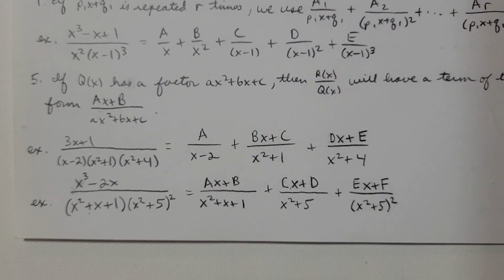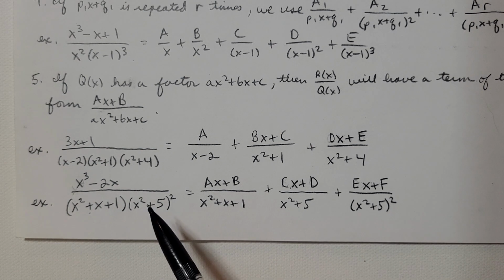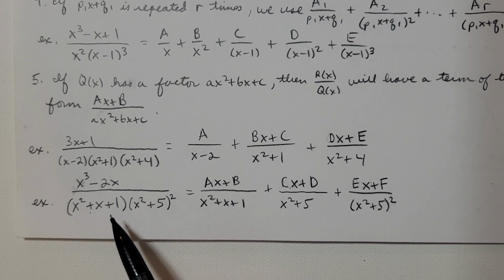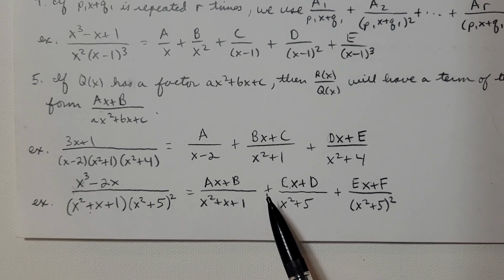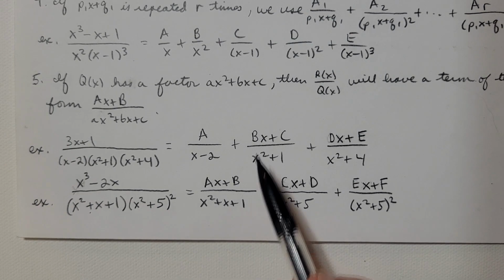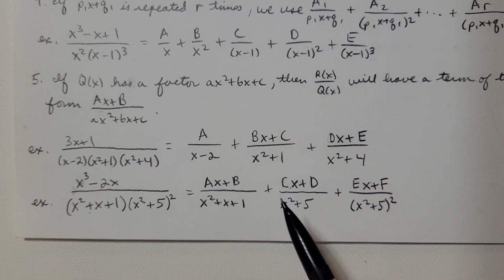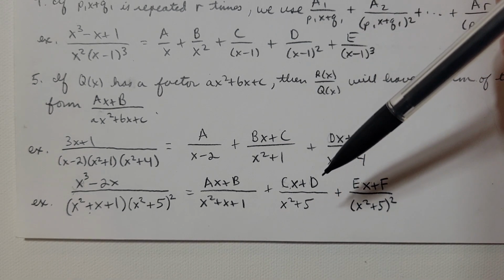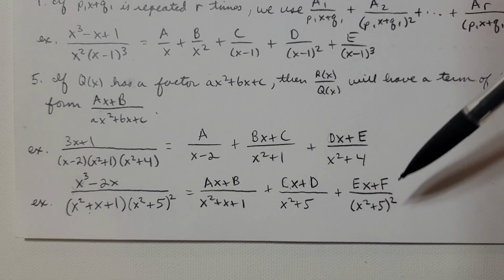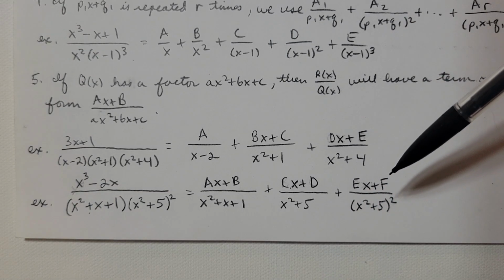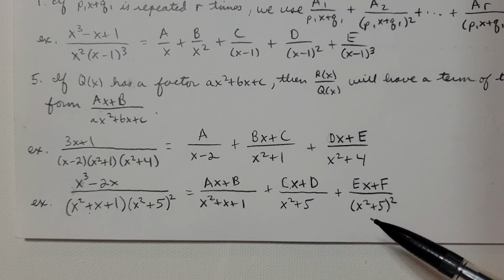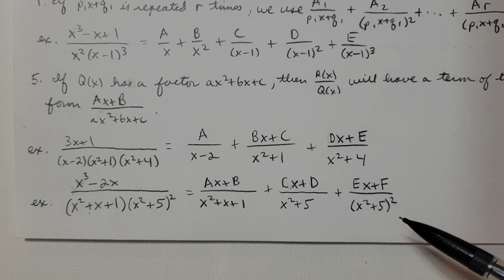So when I start writing this out, I'm going to have ax plus b divided by the first quadratic, x squared plus x plus 1, plus cx plus d divided by x squared plus 5, and then because that repeats, I'm going to need another fraction tacked onto that, plus ex plus f divided by x squared plus 5 squared.